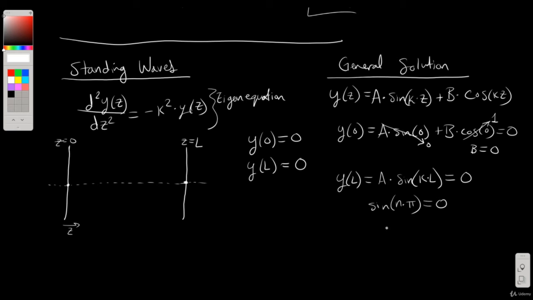And what this essentially means is that given this constraint, given this boundary condition, k times L needs to be equal to n times pi, where n is some positive integer, because negative is trivial. You have the same story, so it's just some integer.